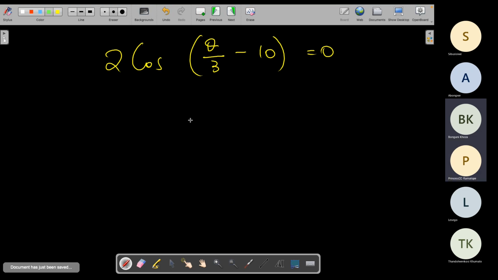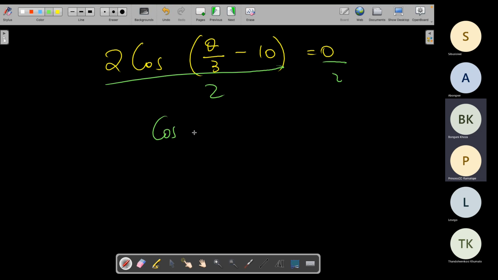Divide by 2 on both sides. That's what you did. So I'm left with cos of theta over 3 minus 10 is equal to 0.